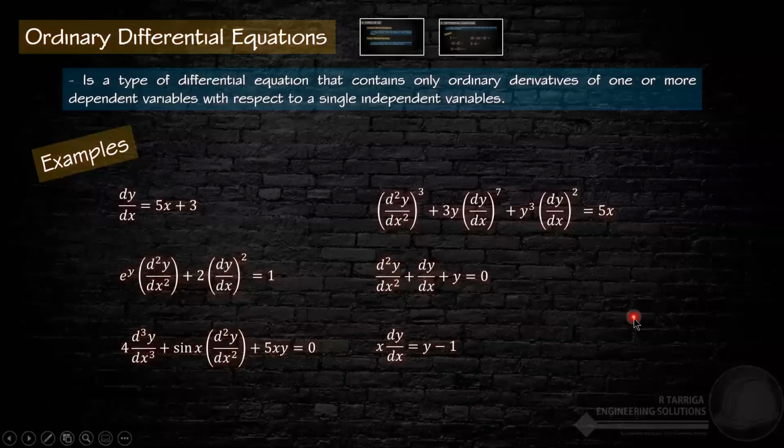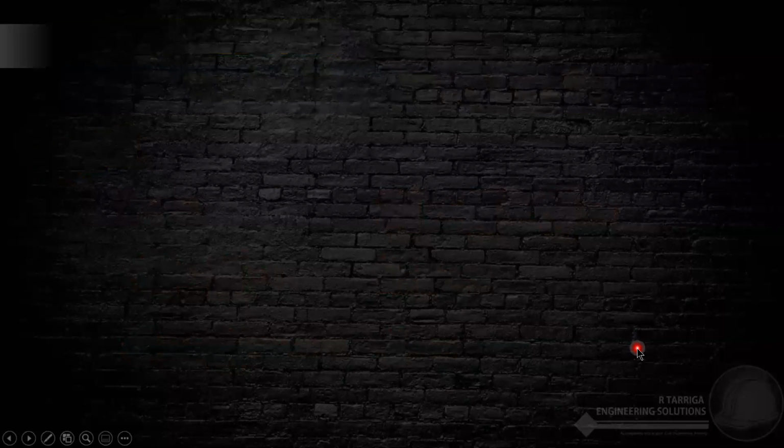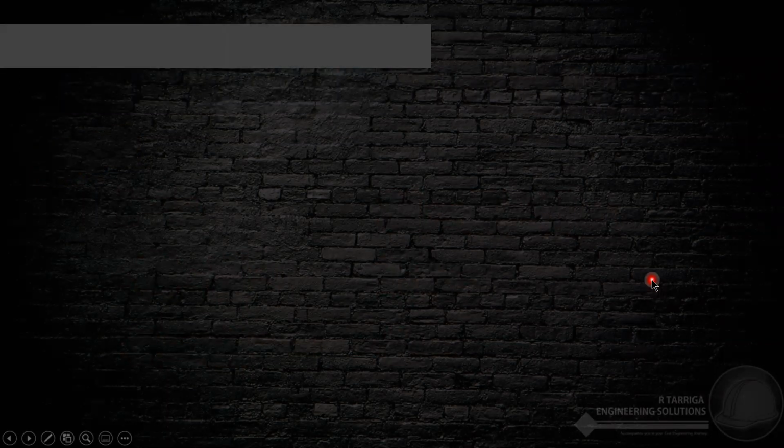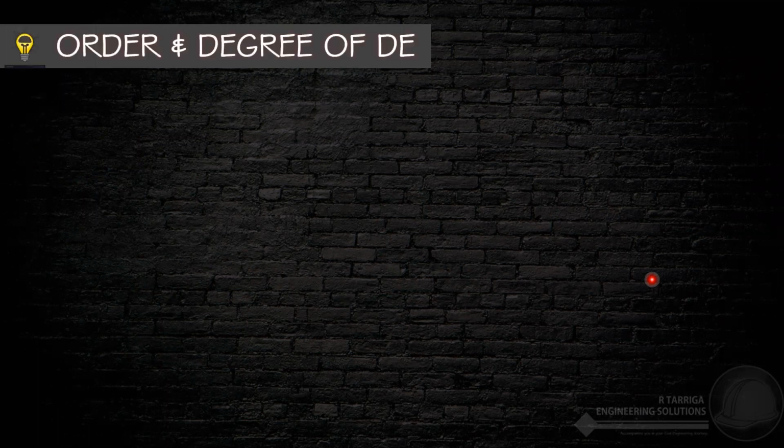Okay, next one. Now we are done for the types of differential equations. We will now proceed for this one, no? Order and degree of differential equation. So how do you know the order and degree of differential equation? Well, most of the books only have defined the order, no?